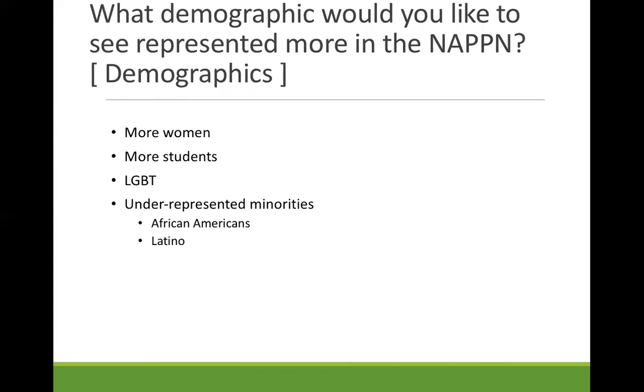More women, more students. I thought that was kind of interesting that somebody considered students a demographic, but they are, and certainly underrepresented in this organization. And then some others, it was mentioned underrepresented minorities, and a couple specific mentions as well. And certainly we always need to work on those.